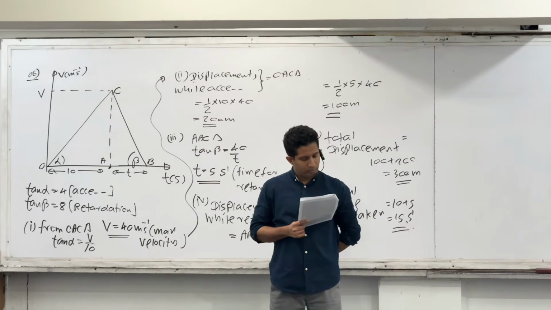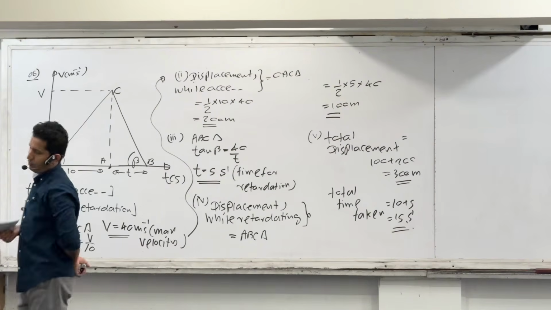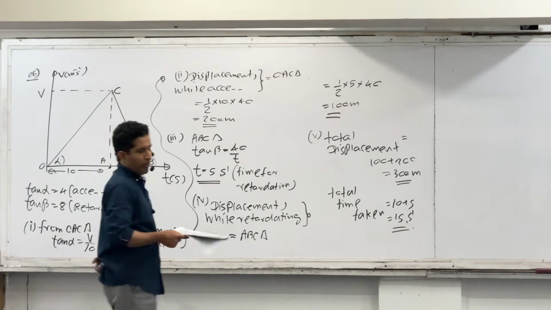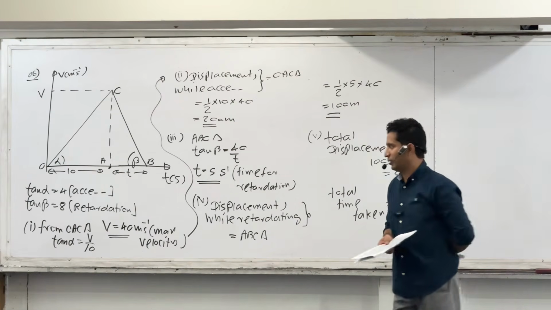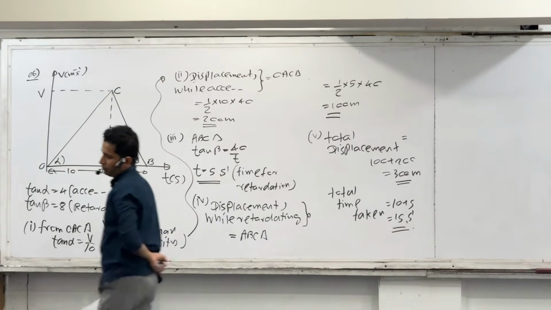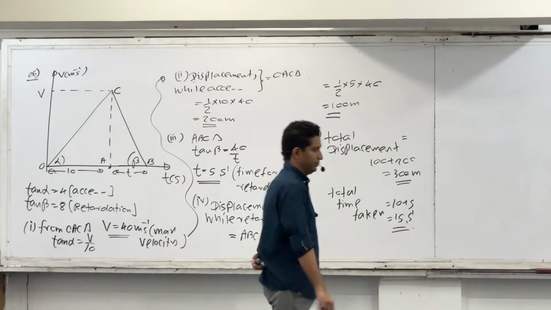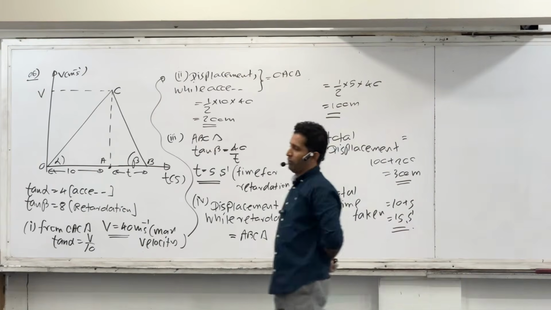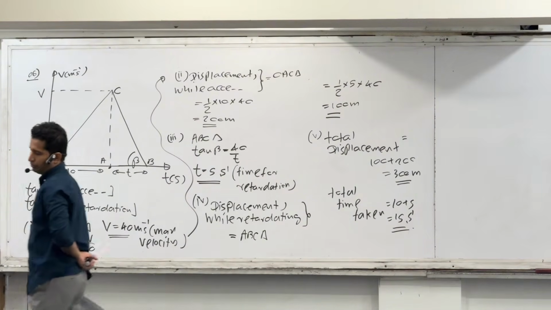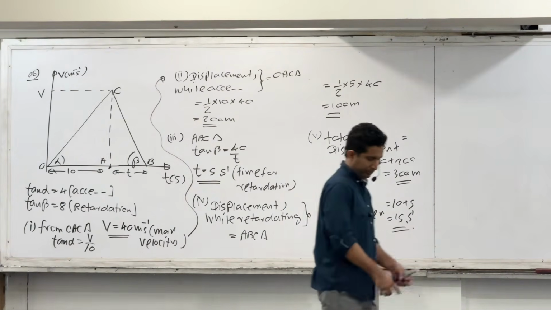Number 4, constant retardation. Number 5, displacement while retardation. Number 6, total displacement. Another easy question actually. Very easy.